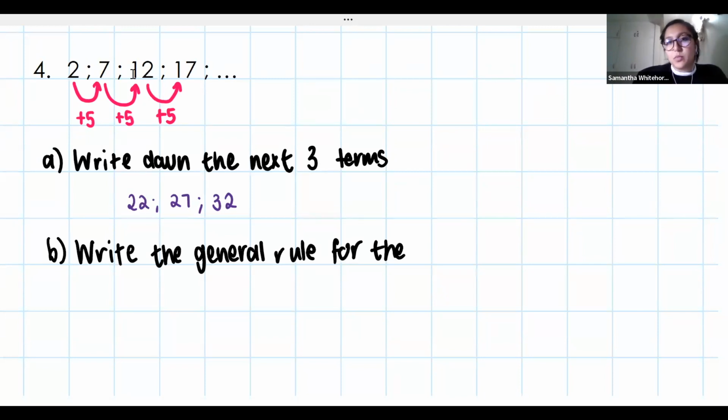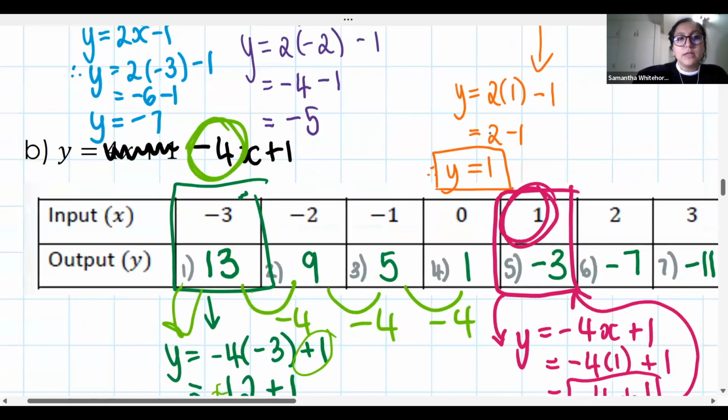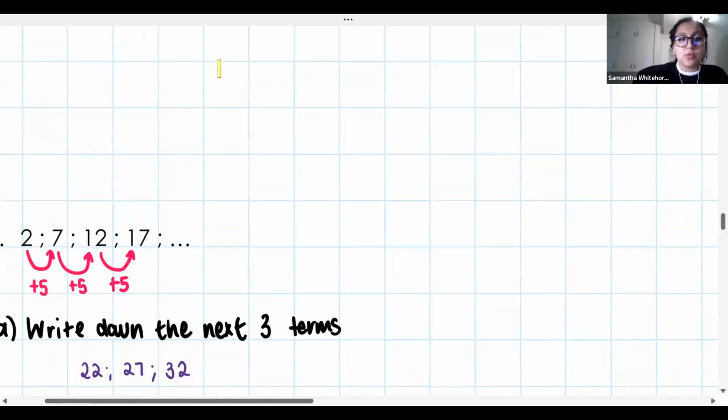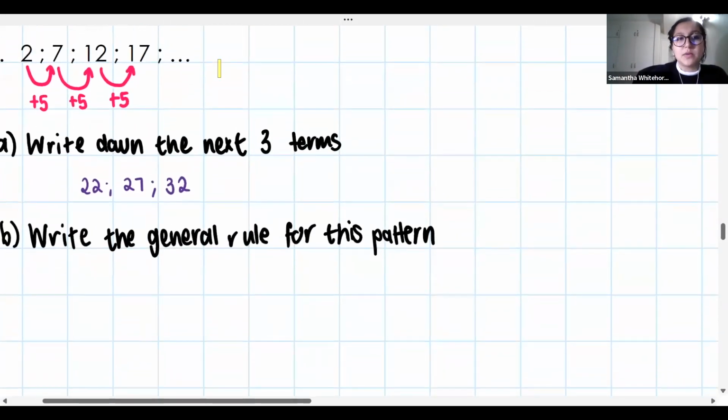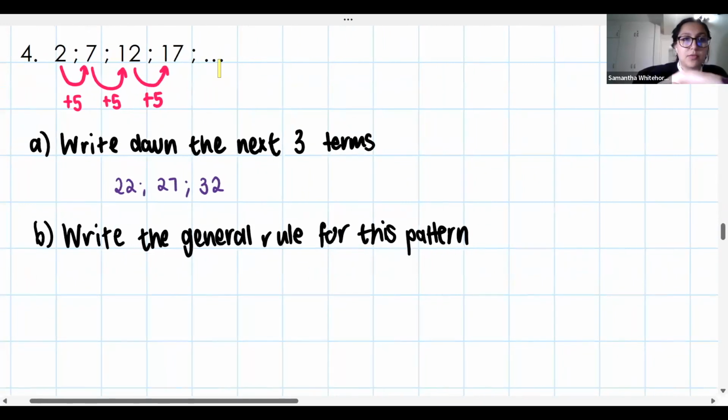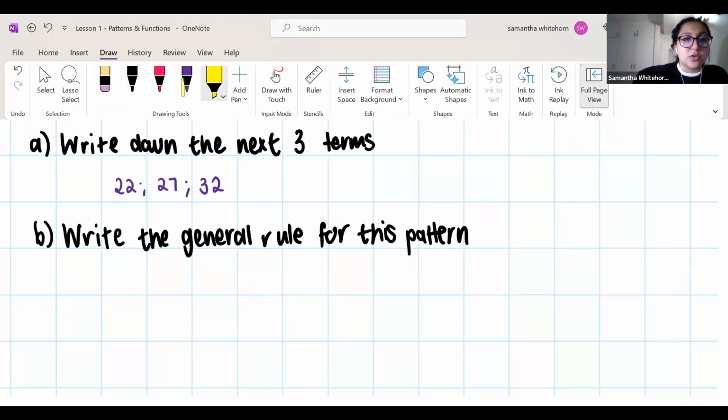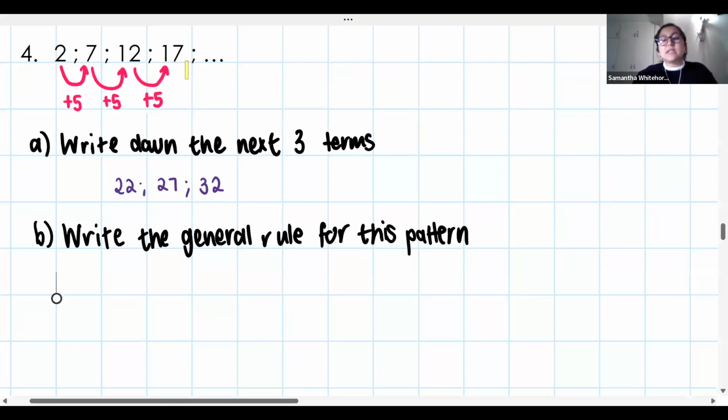Okay, we're getting there very slowly but surely for this pattern. So if we go back, the general rule is this thing that we've got here, y equals something. So we need to put our rule in the format y equals and then apply our rule. Now remember what I've been saying so far is that the coefficient of x in our rule is always the number we're adding or subtracting.